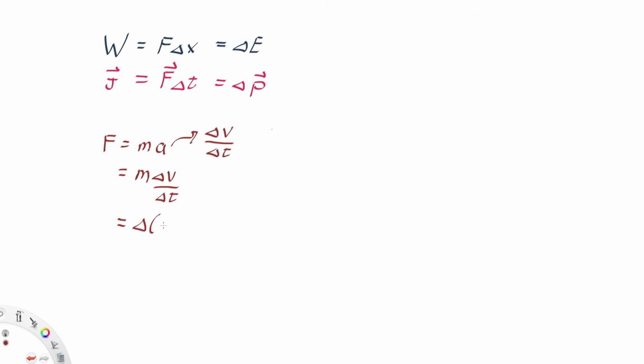So we can consider this as the change in mv over time. And then lastly, we multiply both sides by delta t, and we get F times delta t. All of these should have hats, by the way. Is equal to the change in mass times velocity.